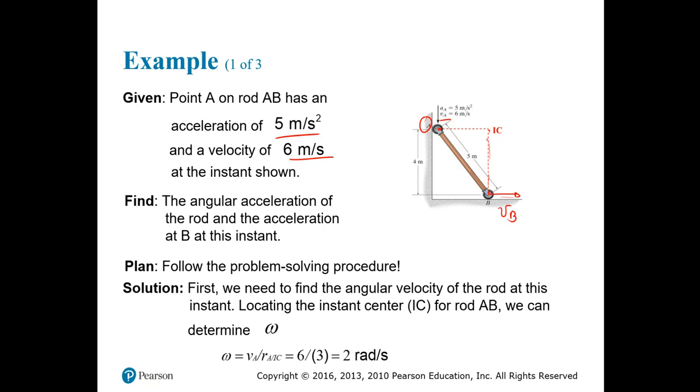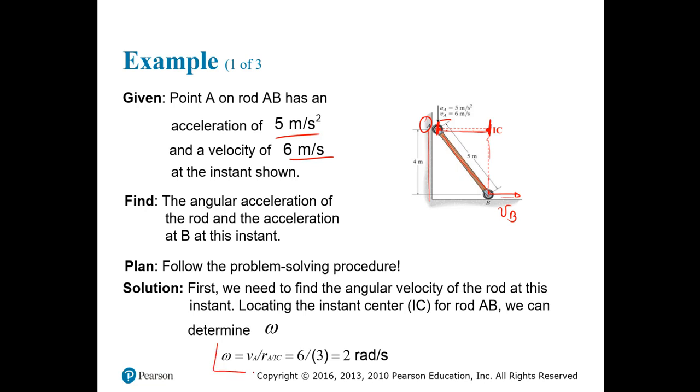And if you do the same thing for the velocity at A, that will tell you exactly where the IC point is. If you know the distance from this point to this point, then you should be able to find omega, and that distance can easily be calculated because you have 5 from here, 4 from here, which means that from here it will be 3.